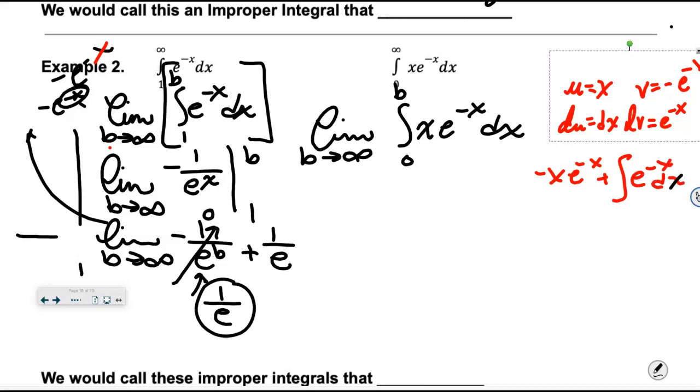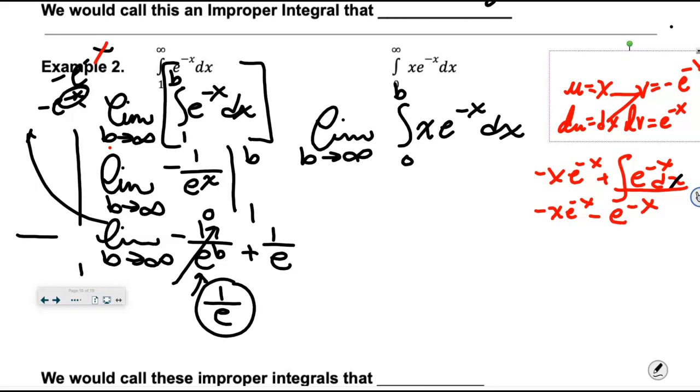You're really watching my signs. How are we doing so far? Are we good? What is it? Negative e to the negative x.